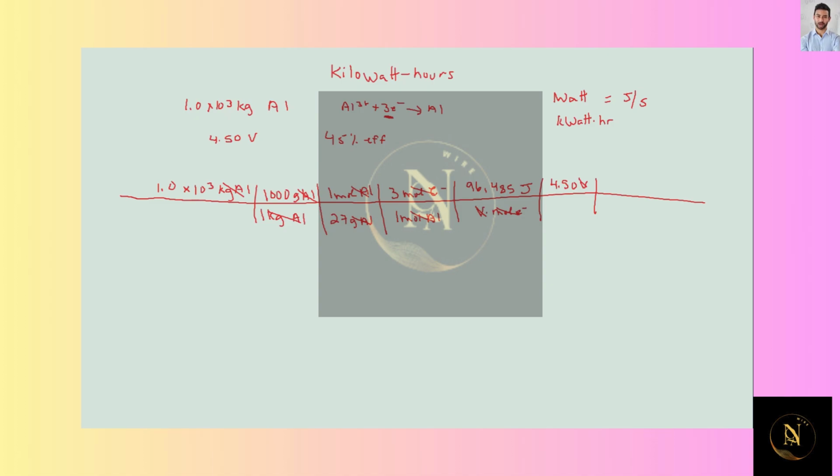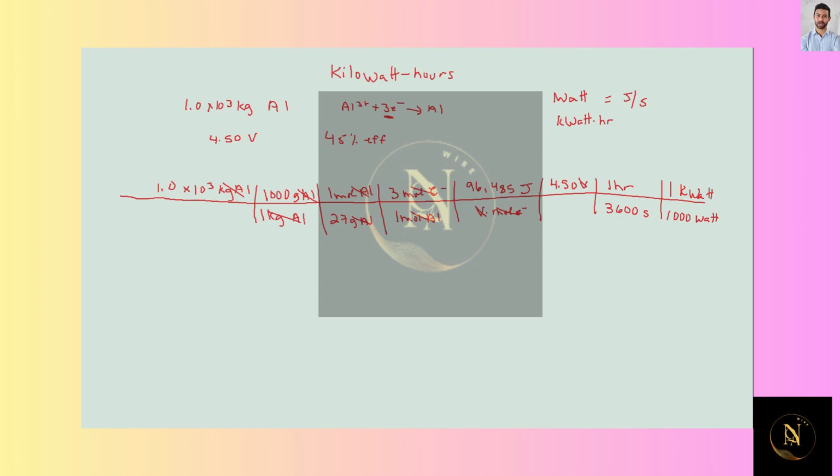So the next thing I'm going to do is multiply by 1 hour, which is 3,600 seconds. Okay, now by doing that, I now have joules per second, which is a watt, times hours, which is a watt hour. And finally, I want kilowatts. And so I know that 1 kilowatt is going to be equal to 1,000 watts.